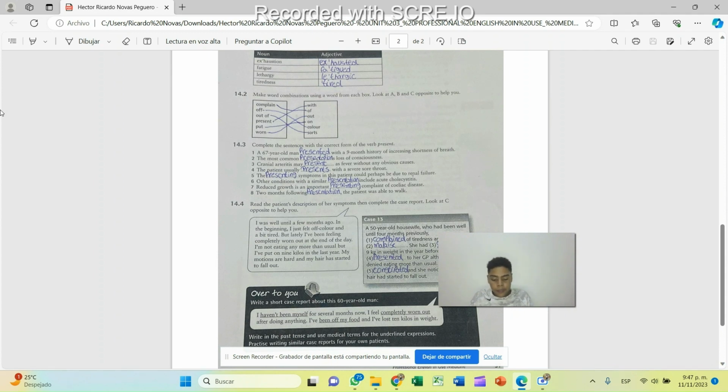14.4. Read the patient's description of her symptoms, then complete the case report. I was well until a few months ago.